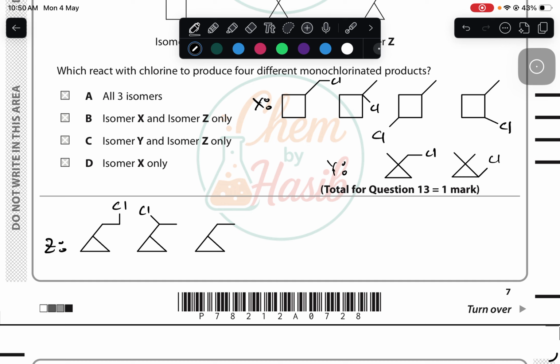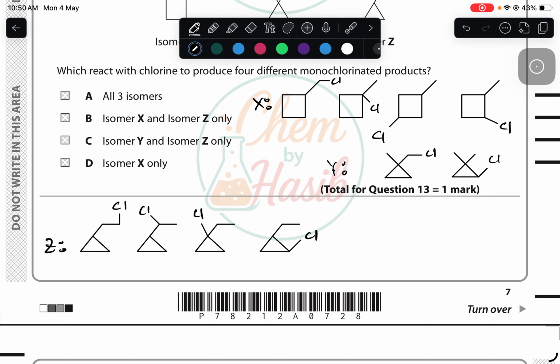Another chlorine can get substituted here. And another chlorine can get substituted here. So you get 4 different products from Z as well.